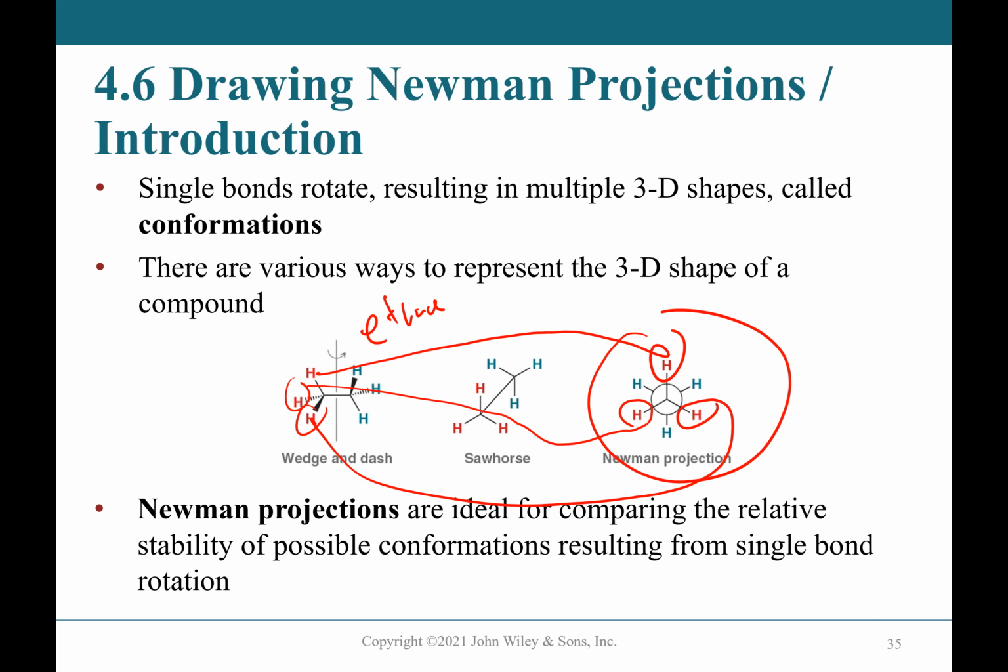You can imagine this bottom one right here, I'm going to designate as an X. This one will be Z, and this one, what should I call this one? U. I kind of showed you where they are on that Newman projection.